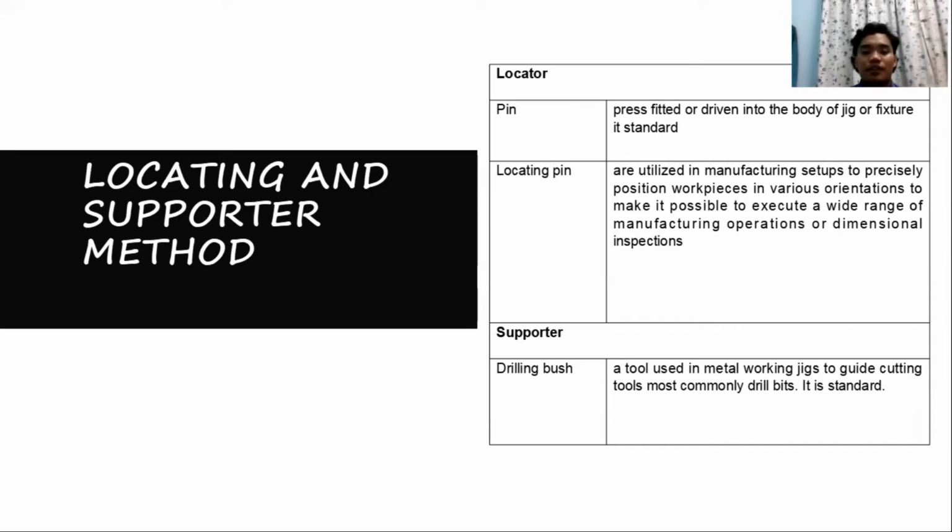Locating pins are utilized in manufacturing setups to precisely position the workpiece in various orientations, to make it possible to execute a wide range of manufacturing operations or dimensional inspection. For the supporters, we have the drill bush. A drill bush is used in metalworking jigs to guide cutting tools, most commonly drill bits.